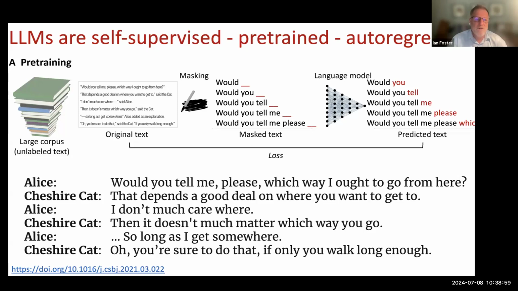So how is the large language model trained in the first place? Well, there's a large corpus of text. This could be huge quantities of web data, books, papers, other documents, each of which contains many sentences.